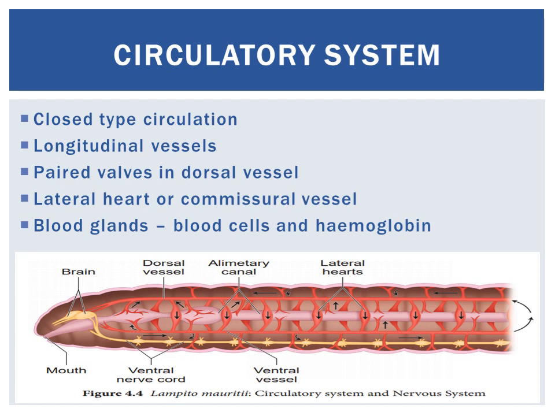Then the next point: paired valves are there in the dorsal vessel. These valves are absent in the ventral vessels. What is the role of these valves?